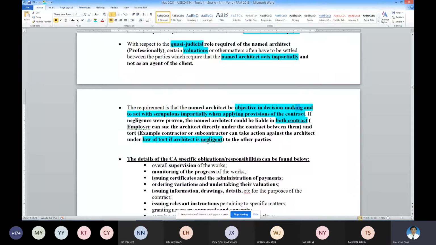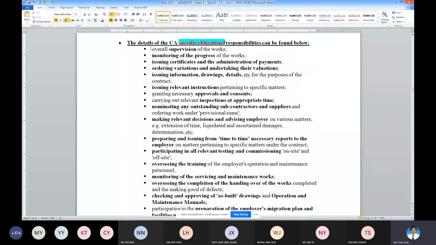Now, these are the specific obligation of the architect. So this one is the specific obligation. Okay. So what are they? They're plentiful. This one will help you. So I believe that there's a whole series of them. I won't be going through one by one. So these are the so-called specific obligation of the architect.